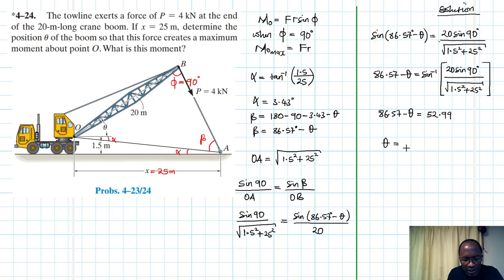So we have theta equal to 33.58 degrees. So that is our theta.